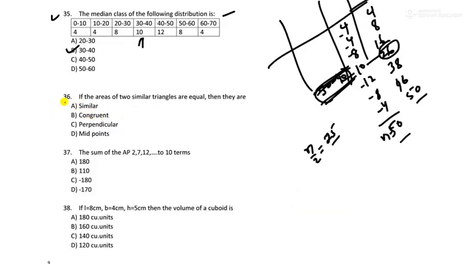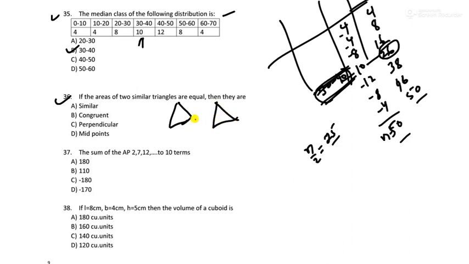Next question. If the areas of two similar triangles are equal, then they are dash. So if the areas are equal, then what can we say about the triangles?